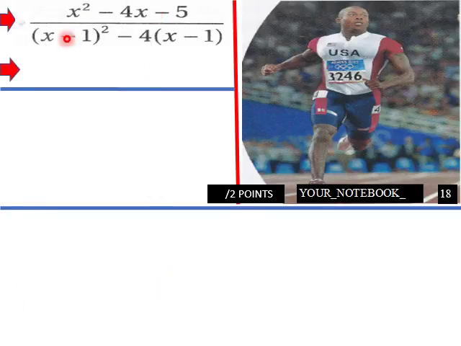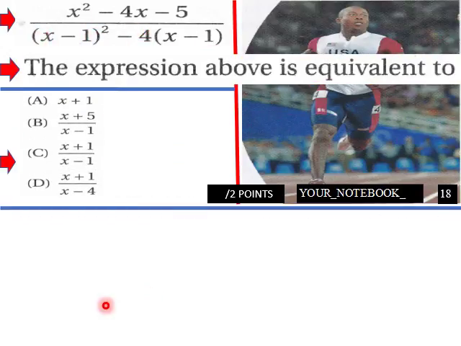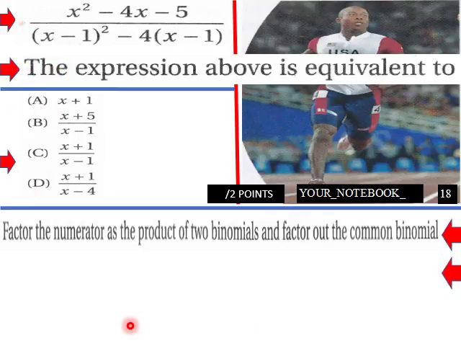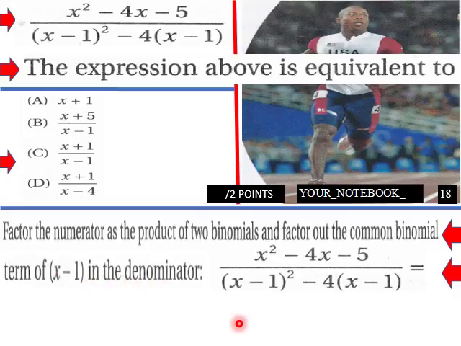Then we have a trinomial up here. Then we have a square here minus this. The expression above is equivalent to what? Once it's simplified, which one of these expressions would be equal to that? Factor the numerator as a product of two binomials and factor out the common binomial of the term x minus 1 in the denominator.